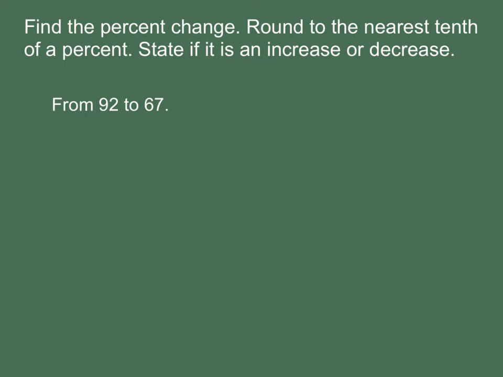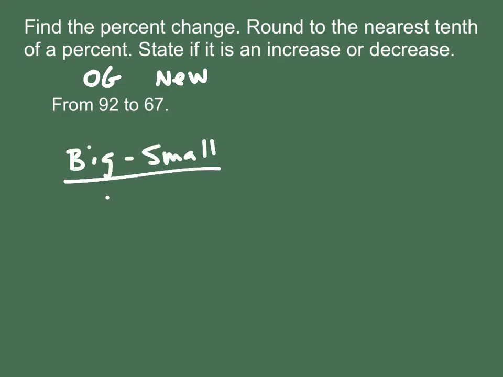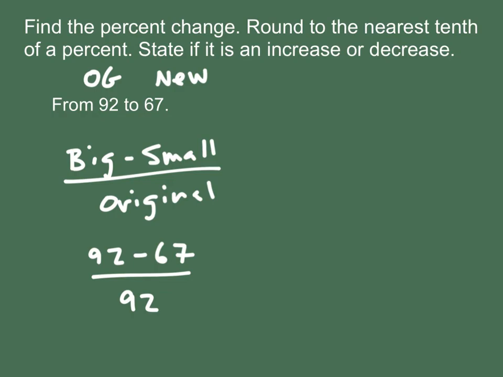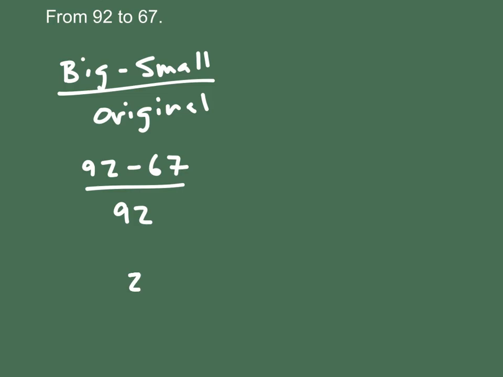On the next problem, find the percent change, rounding to the nearest tenth of a percent. This is our original, our OG, and this is our new number. We want to do big minus small over the original. So 92 minus 67, divided by 92. 92 minus 67 is 25, so we get 25 divided by 92.